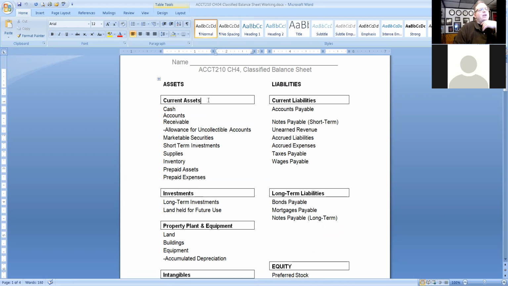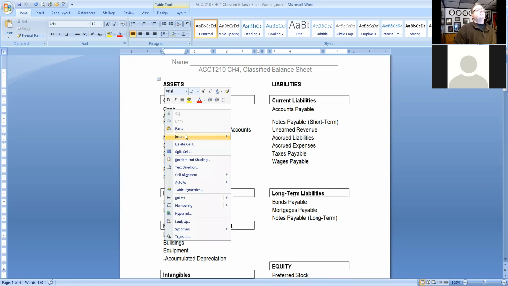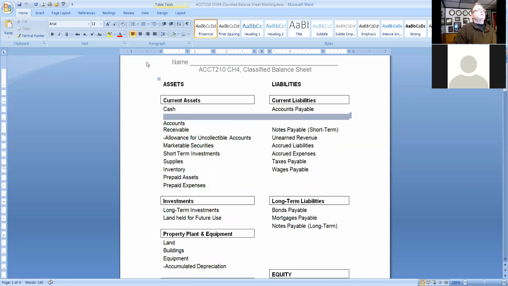Okay, current assets. These are for assets that will be turned into, I should probably write it somewhere else here. I'm going to insert a row. Oops.